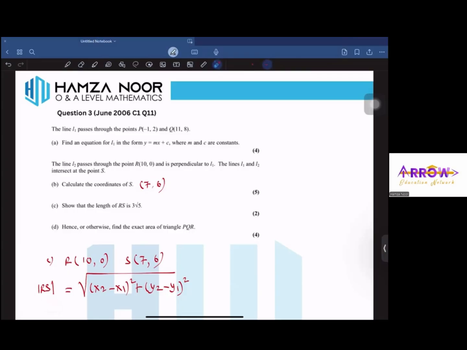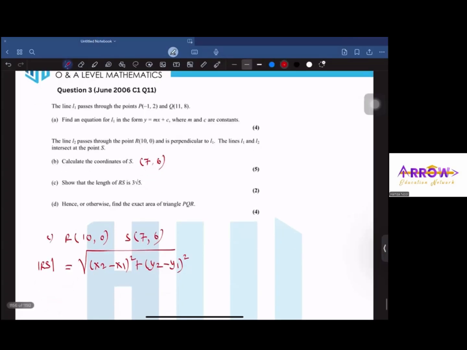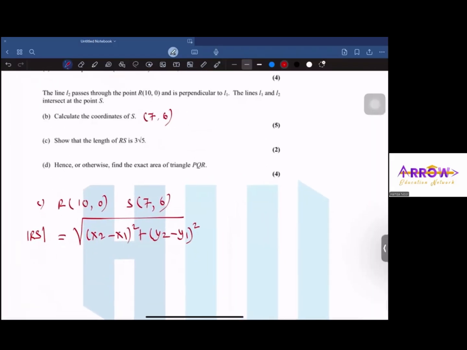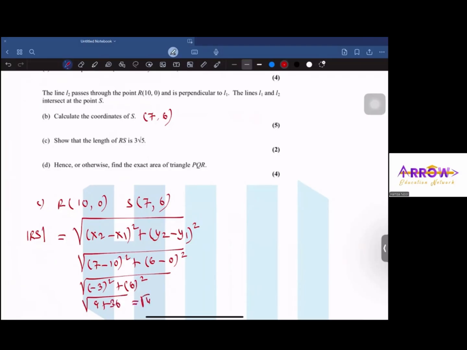So the square root of x2 minus x1 whole squared, so 7 minus 10 whole squared plus y2 minus y1 whole squared, so 6 minus 0 whole squared, meaning the square root of minus 3 squared plus 6 squared, meaning the square root of 9 plus 36, which is the square root of 45.